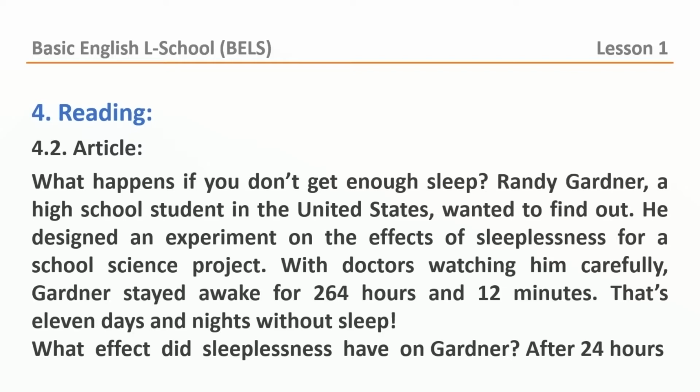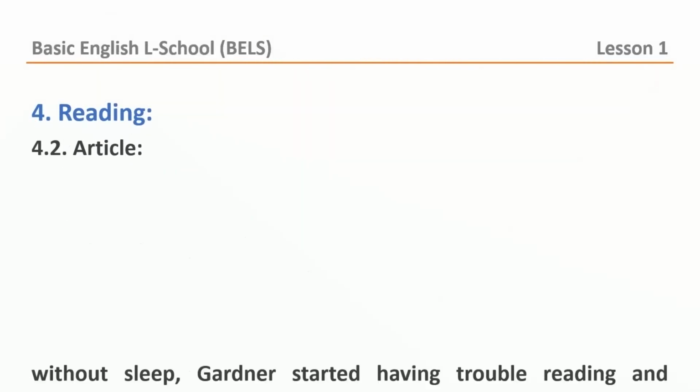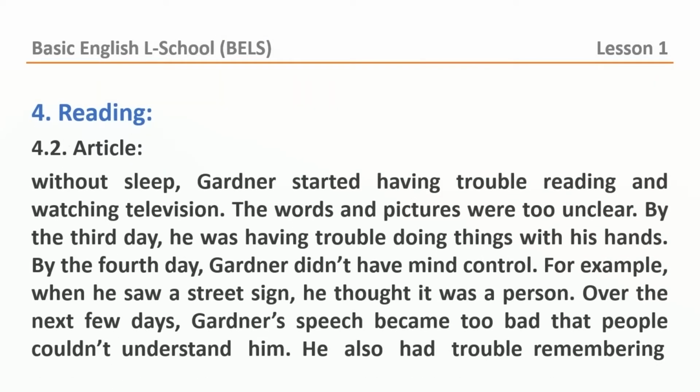After 24 hours without sleep, Gardner started having trouble reading and watching television. The words and pictures were too unclear. By the third day, he was having trouble doing things with his hands.